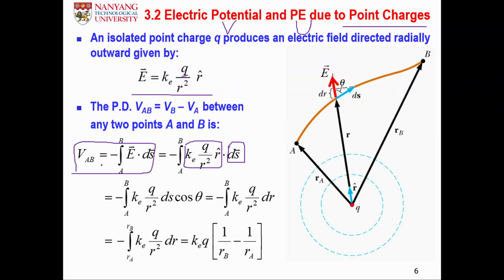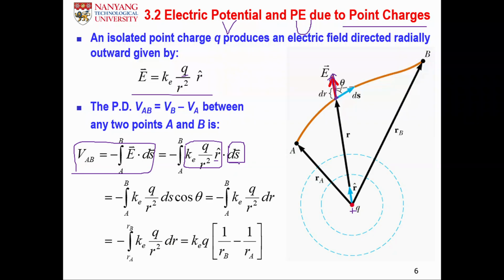If we look at this particular point, the vector R is the direction of E, along this direction because this is due to a point charge, which we assume to be positive. So this is the vector R.